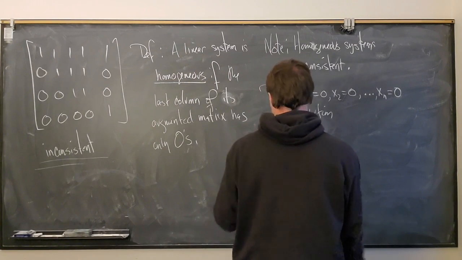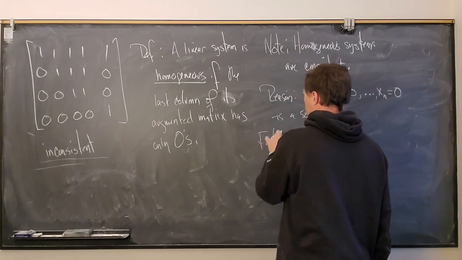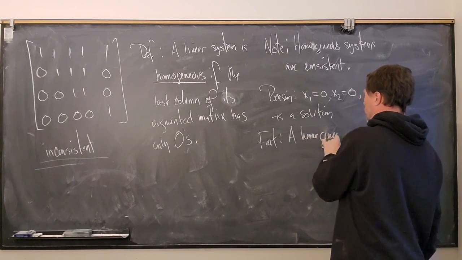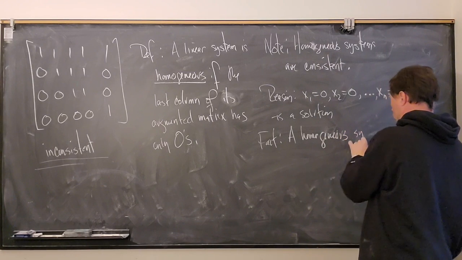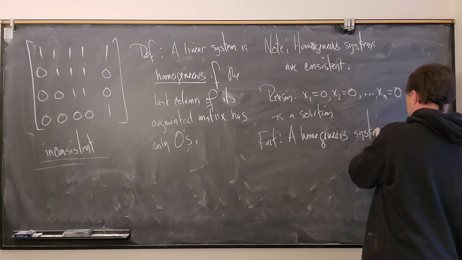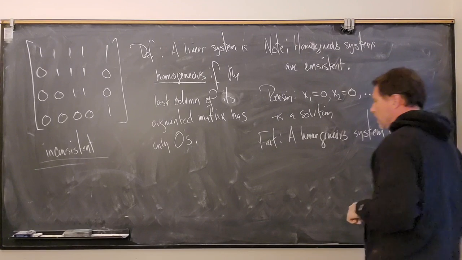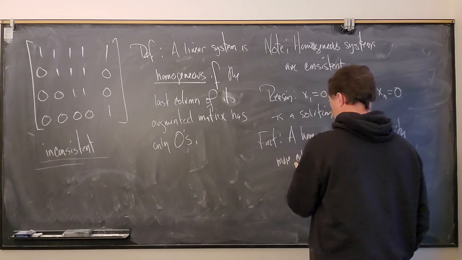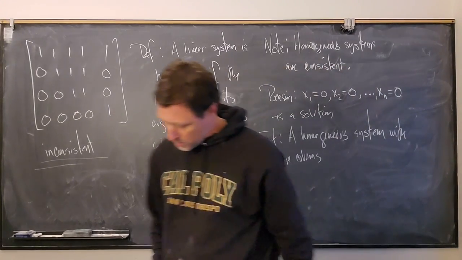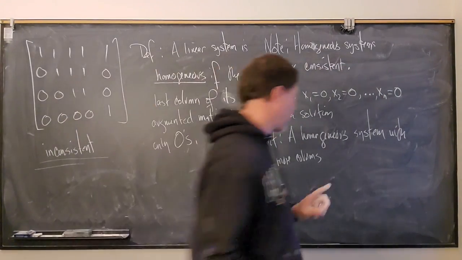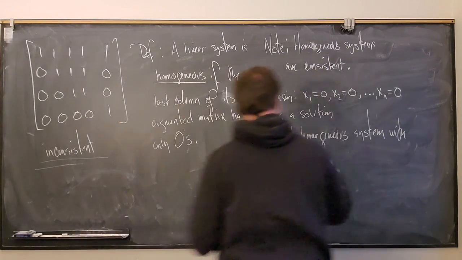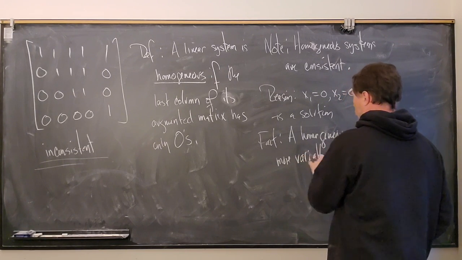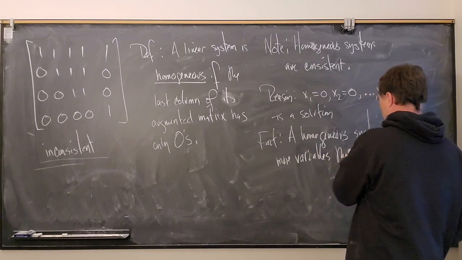Here's another fact, I guess we could say. A homogeneous system with more variables than equations has infinitely many solutions. Oh, how do I want to say this? I should say more variables, not columns.